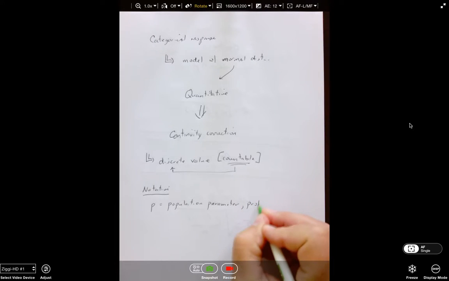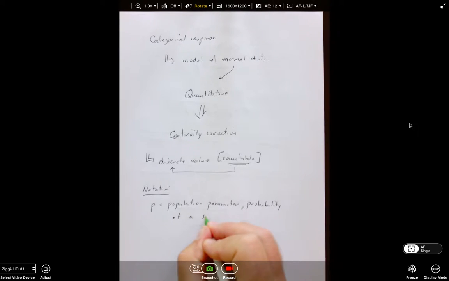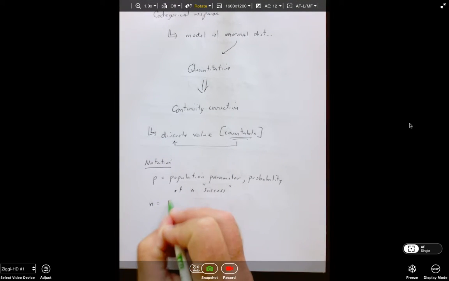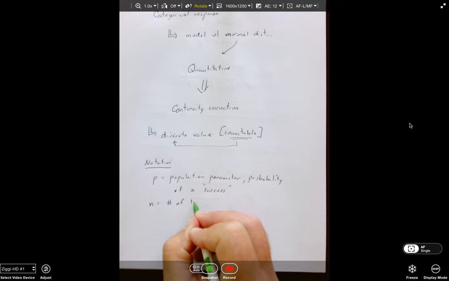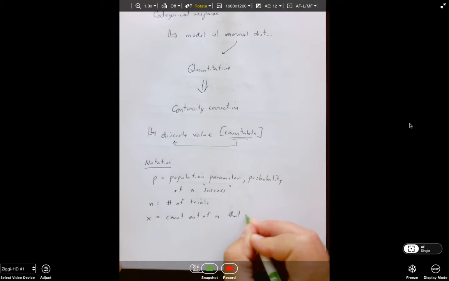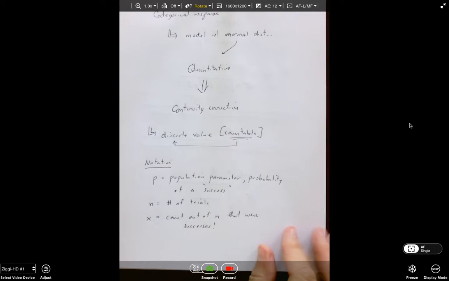And this is just the probability of a success. And guys, again, success is relative. n is the number of trials. x is the count out of n that were successes.